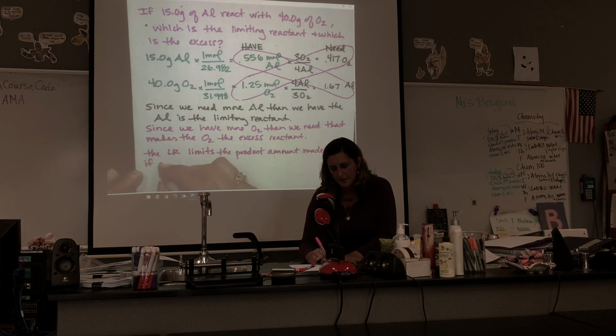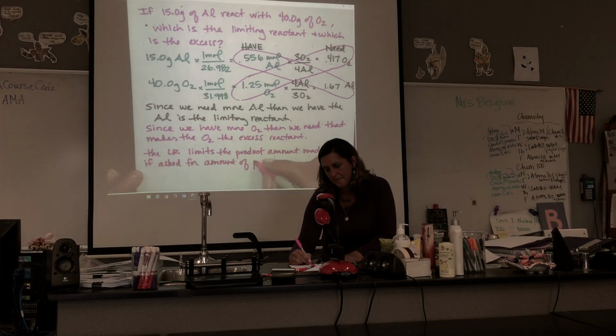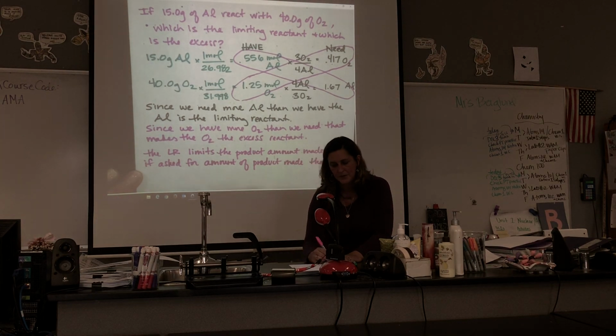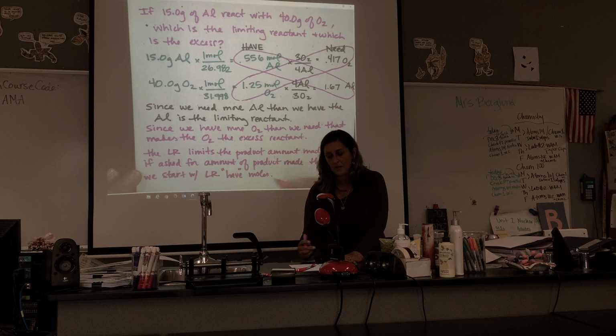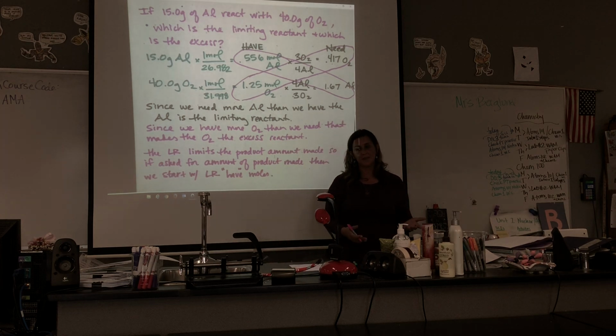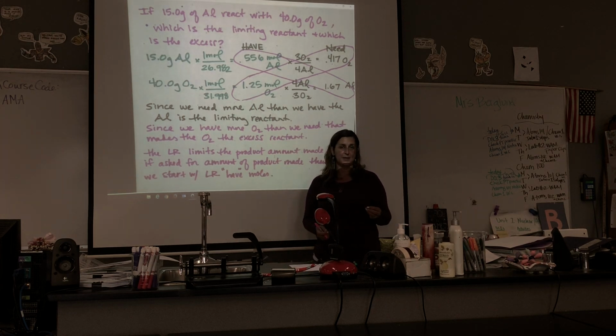So if we're asked for amount of product made, then we start with the limiting reactant have moles. And we do a stoichiometry calculation to get from the limiting reactant to the grams of product.